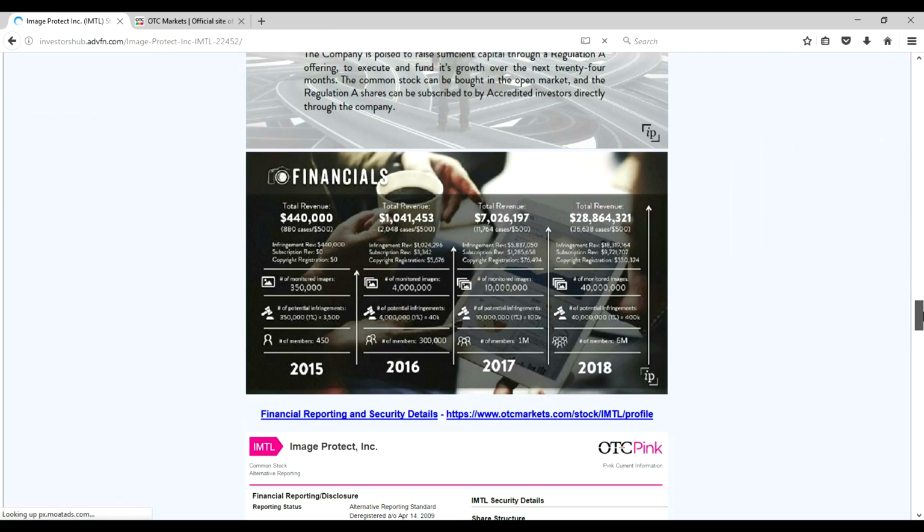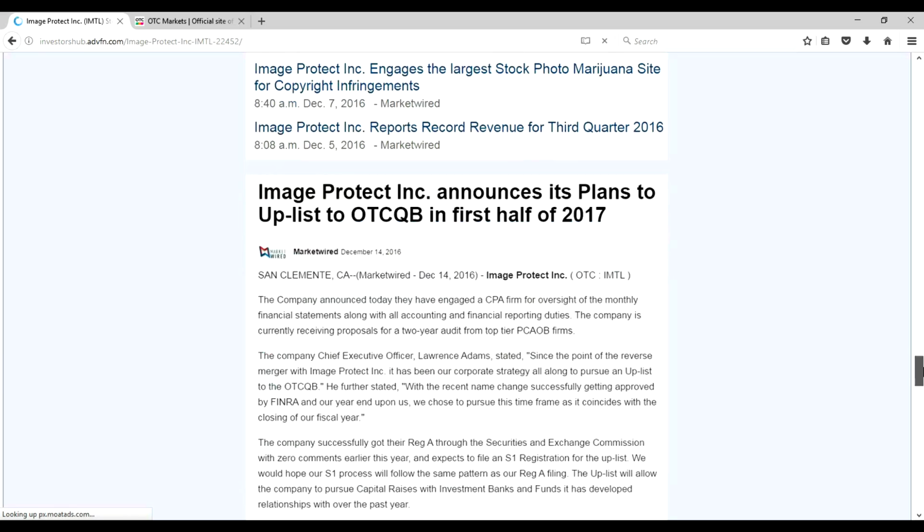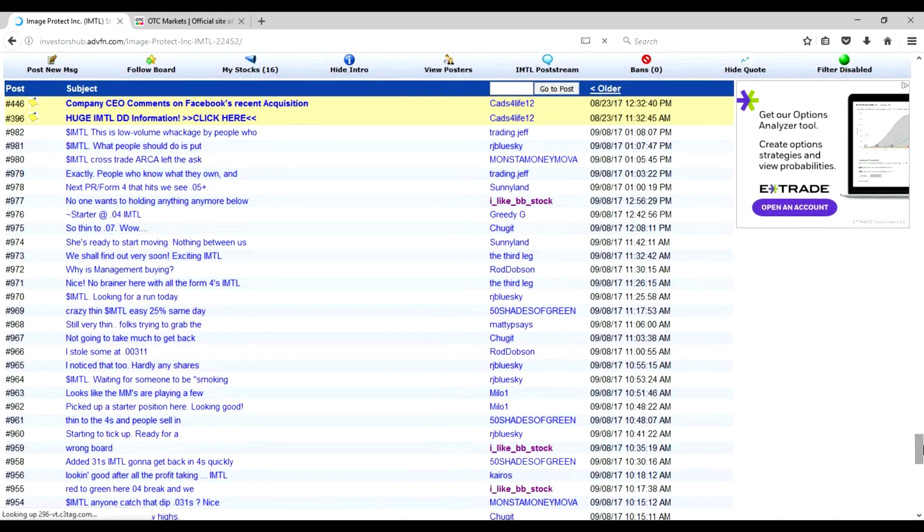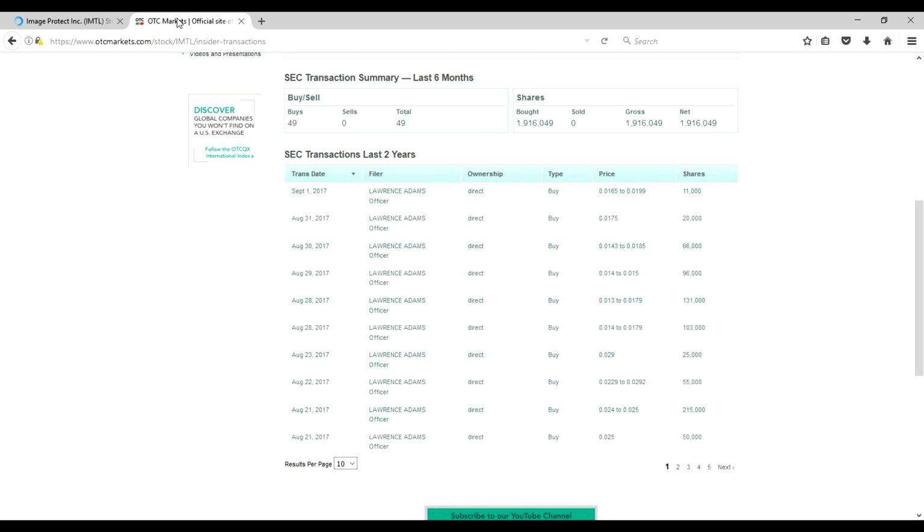And if you go here in Investors Hub, again, this is one tool that I use, there's a lot going on here. Company comments on Facebook, Facebook's recent acquisition, basically talking about the importance of image copywriting. This is what this company does. They protect people who copyright their images from it being counterfeited and that sort of thing.